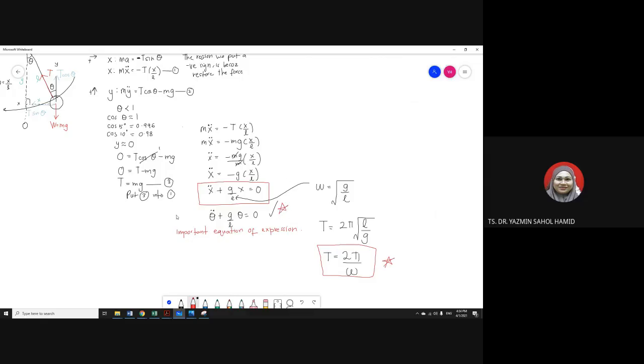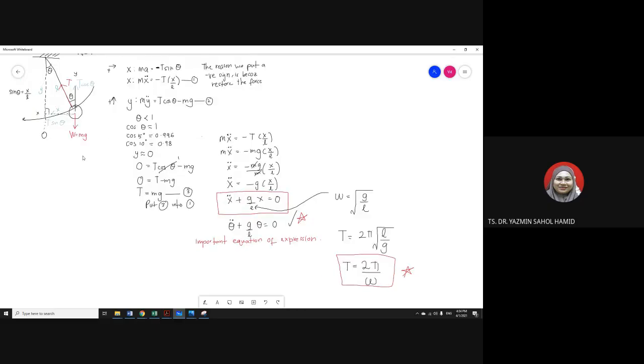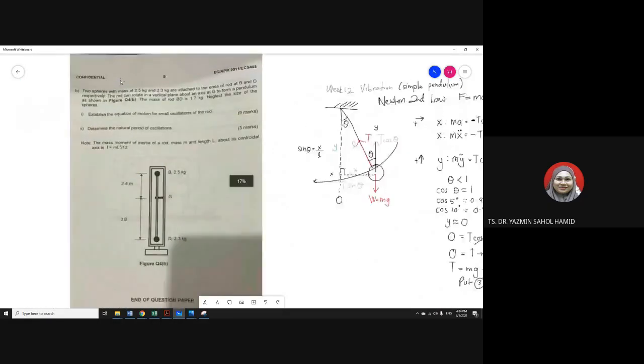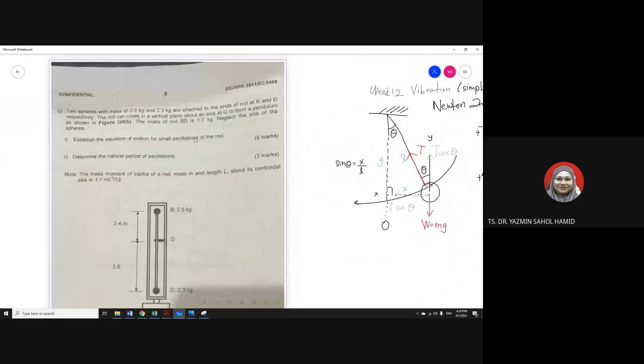Alright, now we can start doing the exam question. Let's go back to that question. Can we proceed without a break? I will read the question. Two spheres with masses of 2.5 kilogram and 2.3 kilogram.